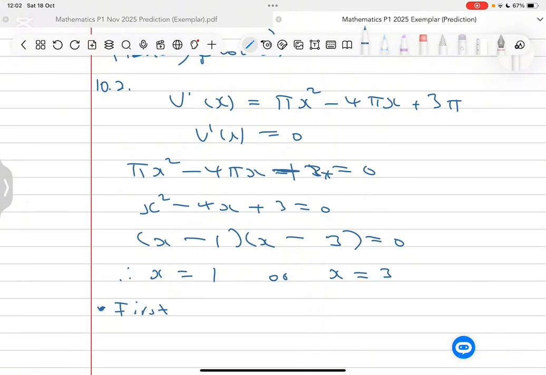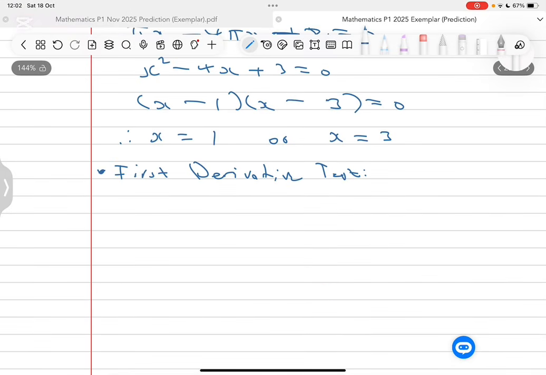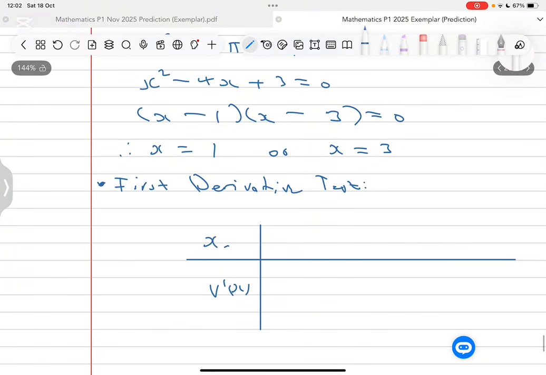With the first derivative test, I will do a table method where I have my derivative and here I have my values of x, the height that we are looking for. And we know that somewhere here we have a 1 and somewhere here we have a 3.